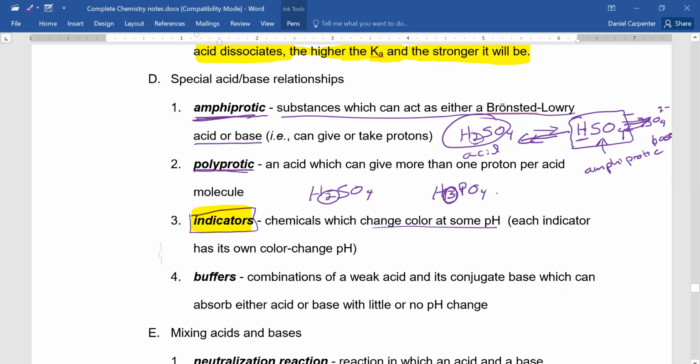But notice this, each indicator has its own color change pH. There are actually scores of indicators. I don't know about scores, but there's lots.